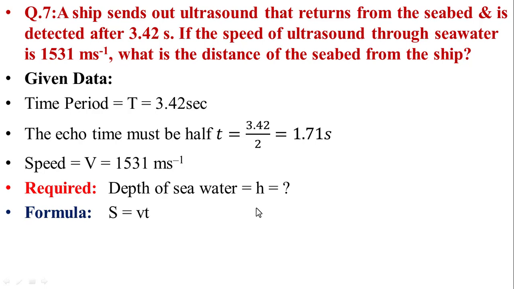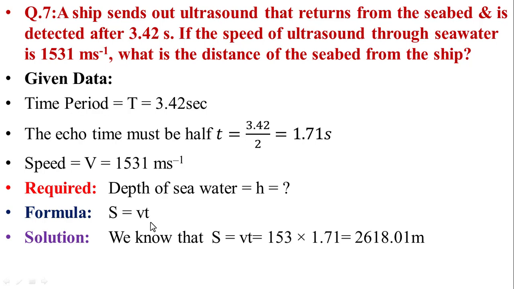We use the formula S is equal to Vt. Then for the solution, we know that S is equal to Vt is equal to 1531 multiplied by 1.71, which is equal to 2618.01 meters.